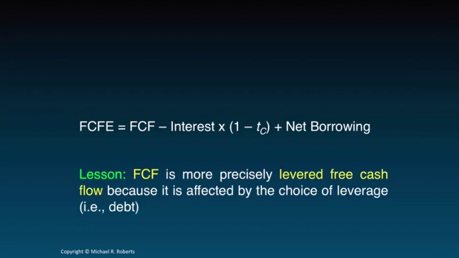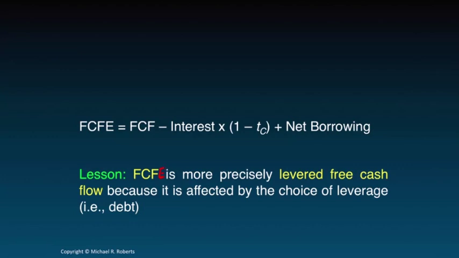And free cash flow to equity is more precisely levered free cash flow, because it is affected by the company's choice of financial structure, its leverage decision, how much debt it plans to take on.